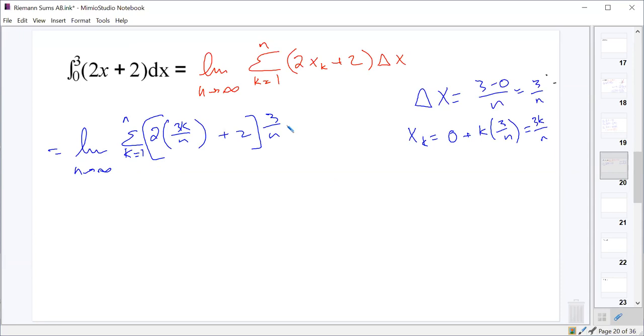All right, cool. So now we just try to distribute all this through. This 2 times the 3k over n is 6k over n. And if we multiply that by 3 over n, what does that become? That would become 18k over n squared. And then plus 6 over n. Good or no?